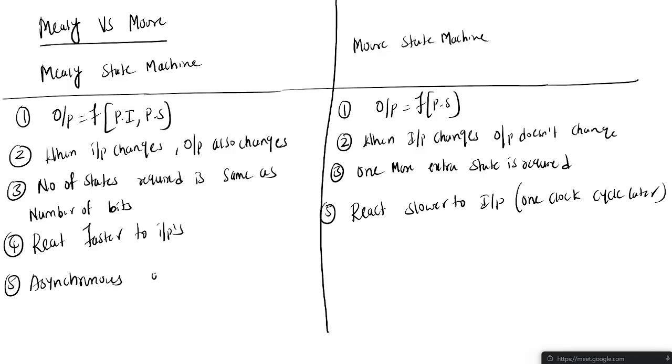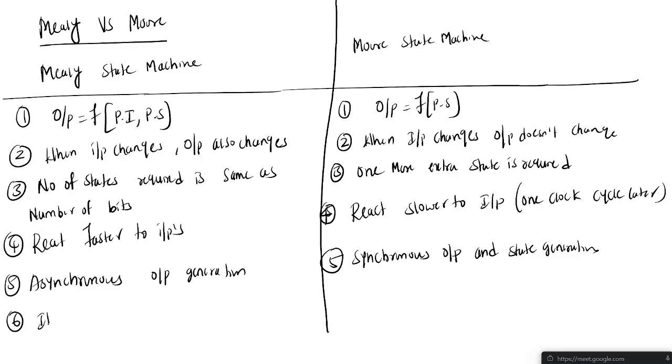And next, this one is synchronous output and state generation. And it is difficult to design.